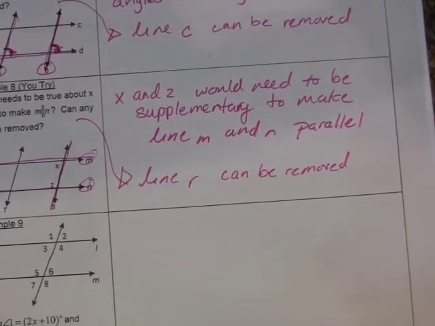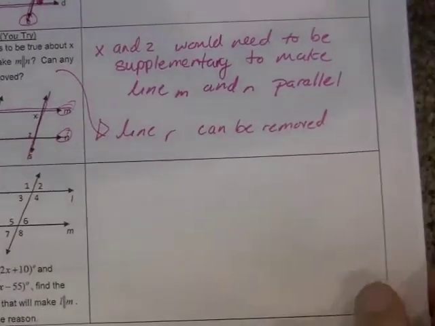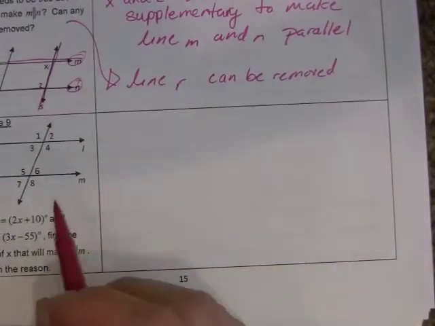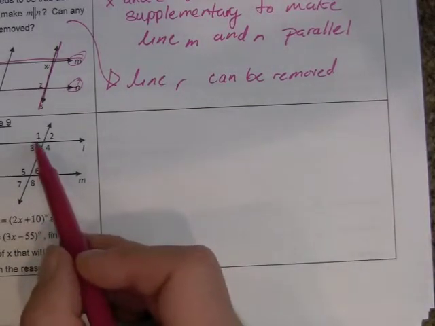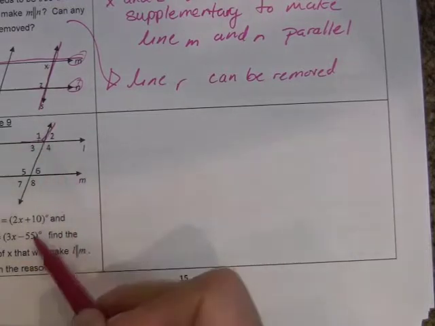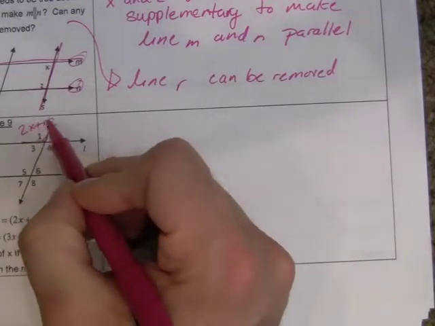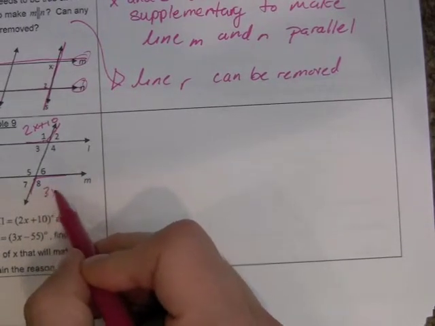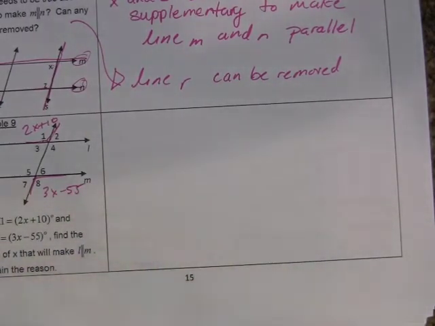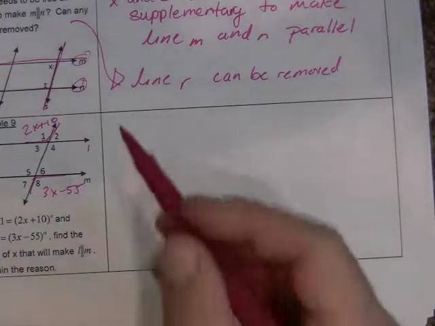Okay, and that moves us to the last example here, example 9, where we're told that angle 1 is represented by 2x plus 10, and angle 8 is represented by 3x minus 55. And we want to find the value of x that would make the lines parallel.